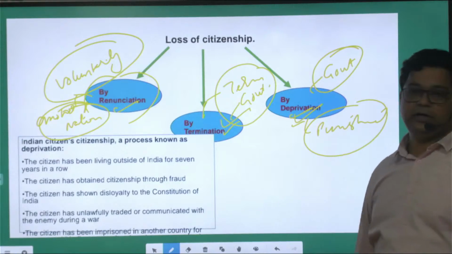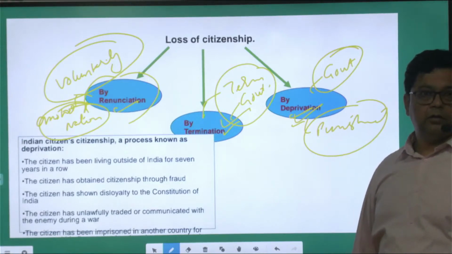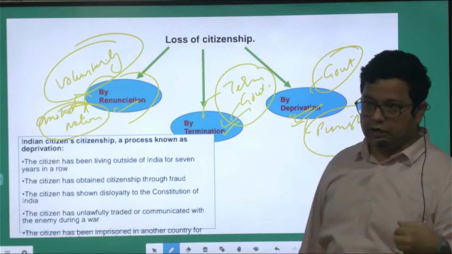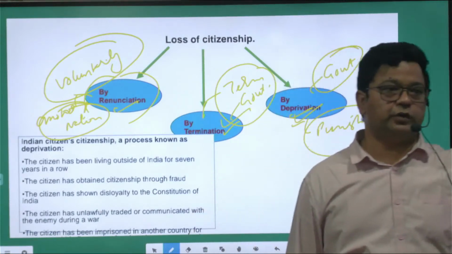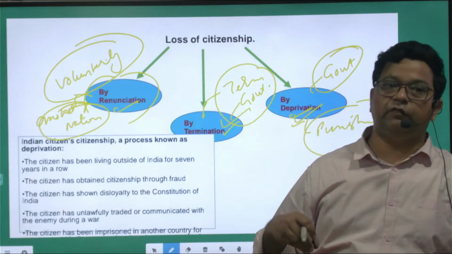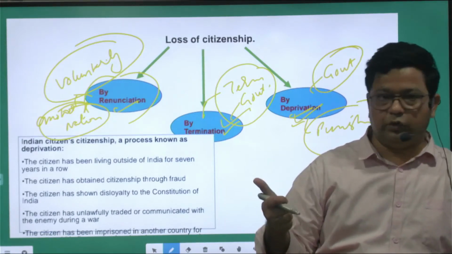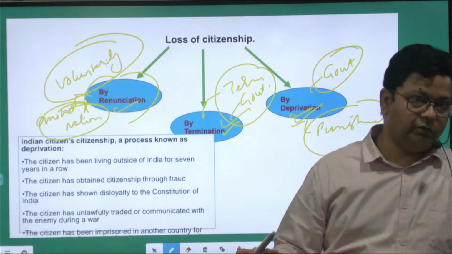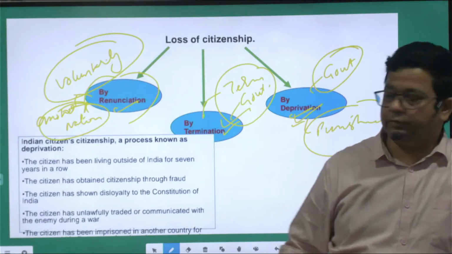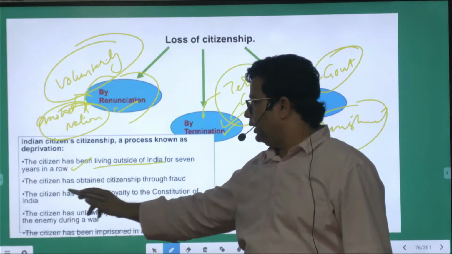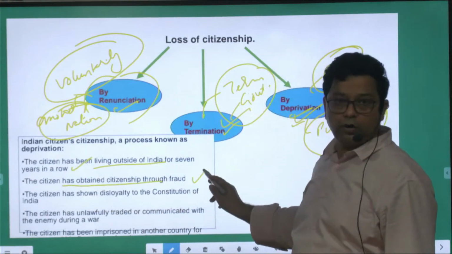So how can Indian citizenship be deprived? When a person has acquired citizenship through fraud, and the government comes to know that the person has produced a false document, he can be deprived. If he acts against the country or disrespects the Constitution, right? If the citizen has been living outside of India for 7 years in a row. If the citizen has obtained citizenship through fraud.